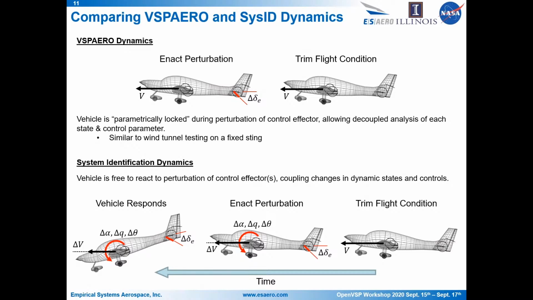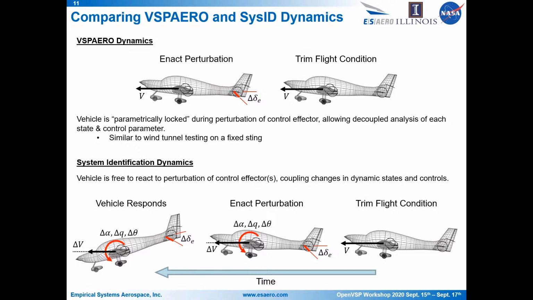In the system identification side of things, even though the equations of motion which underpin the analysis are very similar, the vehicle is flying and therefore is able to react to perturbations of control effectors.